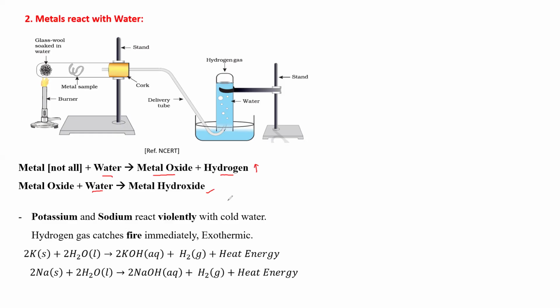Here the hydrogen gas formed will catch fire immediately. So it is a highly exothermic reaction. Here in this reaction you can see heat energy in the case of both sodium as well as potassium, and they react even with normal cold water. So we should be more cautious when using sodium or potassium.